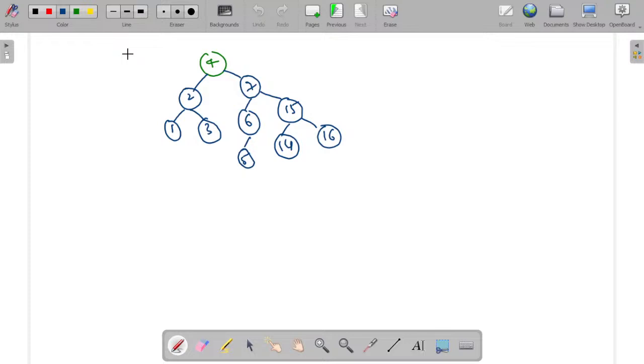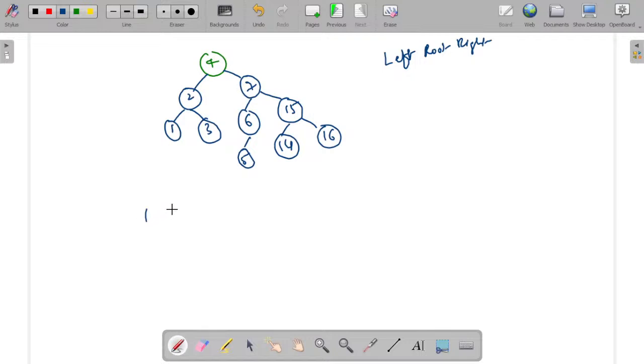Sir, can you please write the in order of the above example? Oh, you are asking me to write the in order for this particular tree. Okay, I will do that. So the in order traversal will work like this. First we have to take the left child and then go to the root node and then go to the right child. So the deepest left child here is 1.